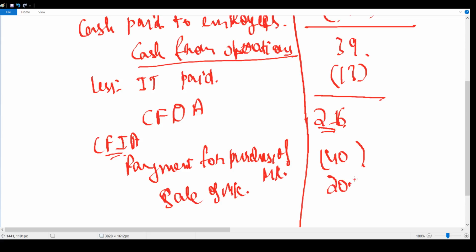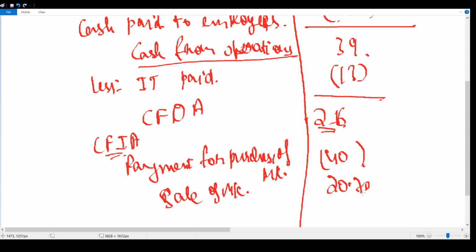That is 20.70. How? 21 crores was the book value and 30 lakhs was the amount of loss. That is 21 minus 0.30. 21 crore minus 0.30 crore.